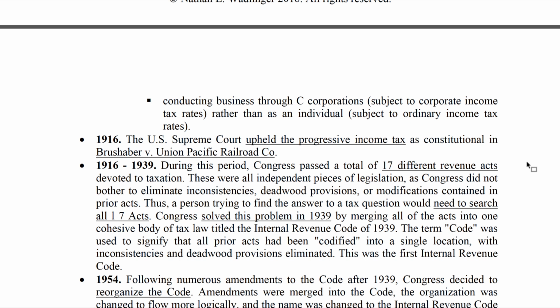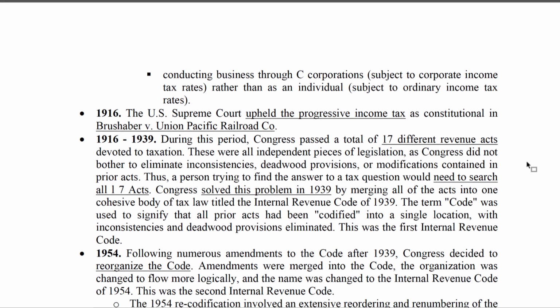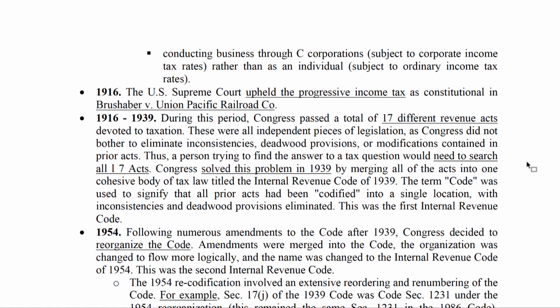All right, so after 1913, we have 1916. The U.S. Supreme Court upholds the progressive income tax structure in Brushaber v. Union Pacific Railroad. Before 1913, generally speaking, we saw this in the Civil War, right? There were different tax brackets, but generally speaking, the taxes were like one rate.